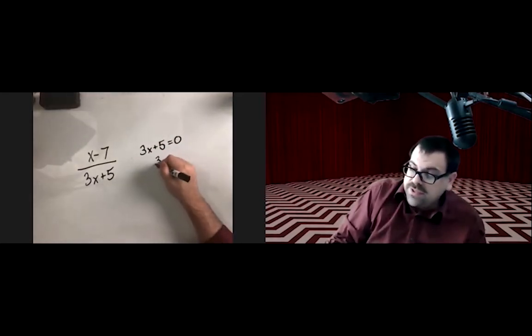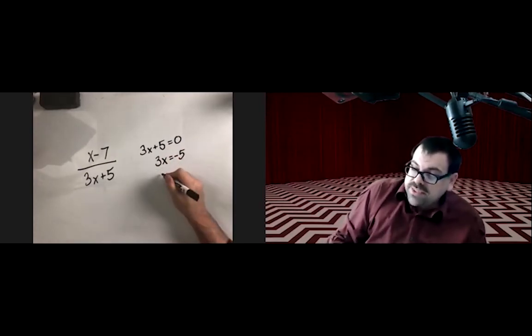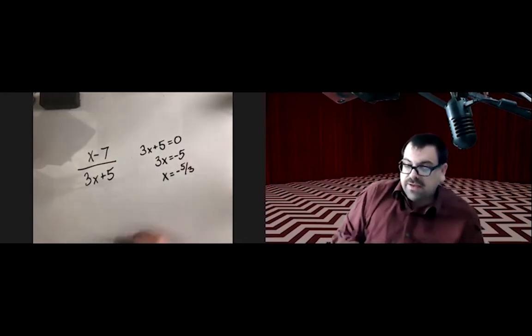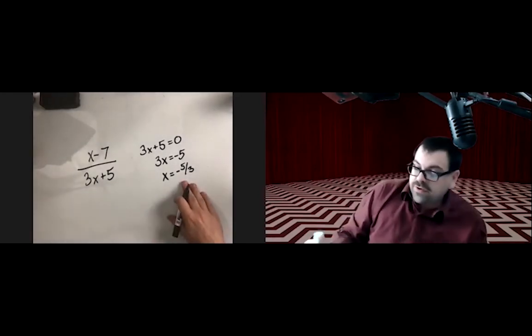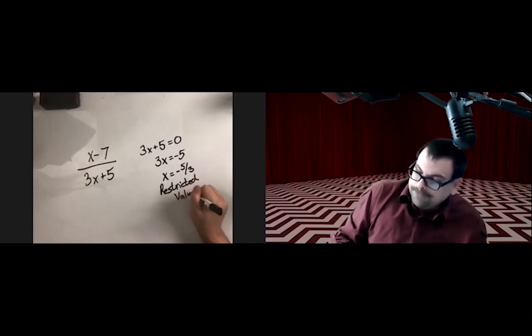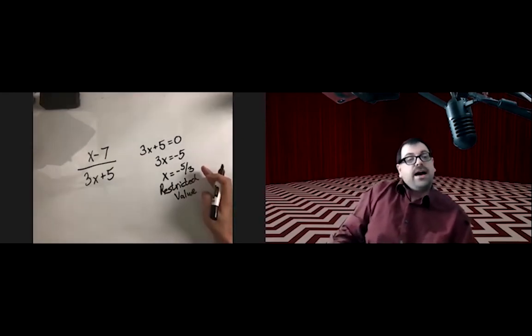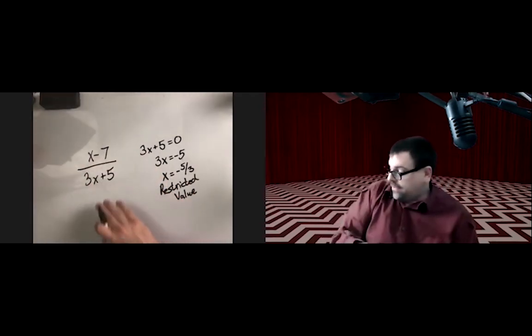Subtracting 5 from both sides, 3x equals negative 5. Dividing both sides by 3, x equals negative 5/3. So x equals negative 5/3 is the restricted value. Plugging in negative 5/3 for x causes us to have 0 on the denominator.